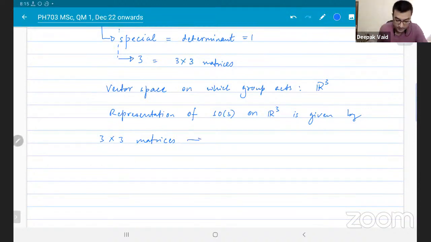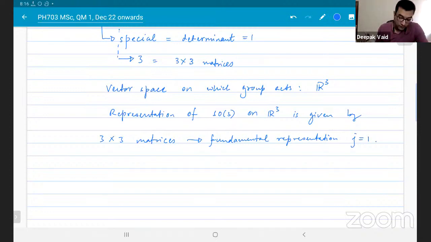This representation is called the fundamental representation. It corresponds to J equal to 1, where J is the spin, some spin angular momentum.